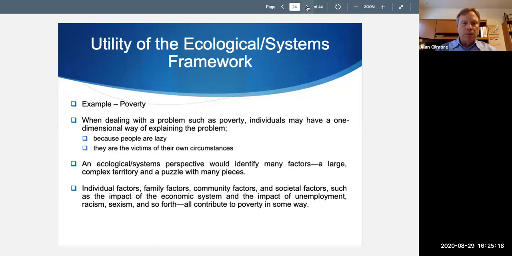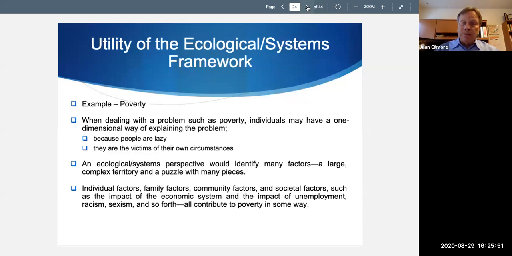So here's an example, taking a look at the issue of poverty. When dealing with a problem such as poverty, individuals may have a one-dimensional way of explaining the problem. It's because people are lazy or they're victims of their own circumstances. But from an ecological systems perspective, we would identify that there are many, many factors, a large complex territory and a puzzle with many, many pieces that would contribute to explaining why somebody is experiencing poverty.